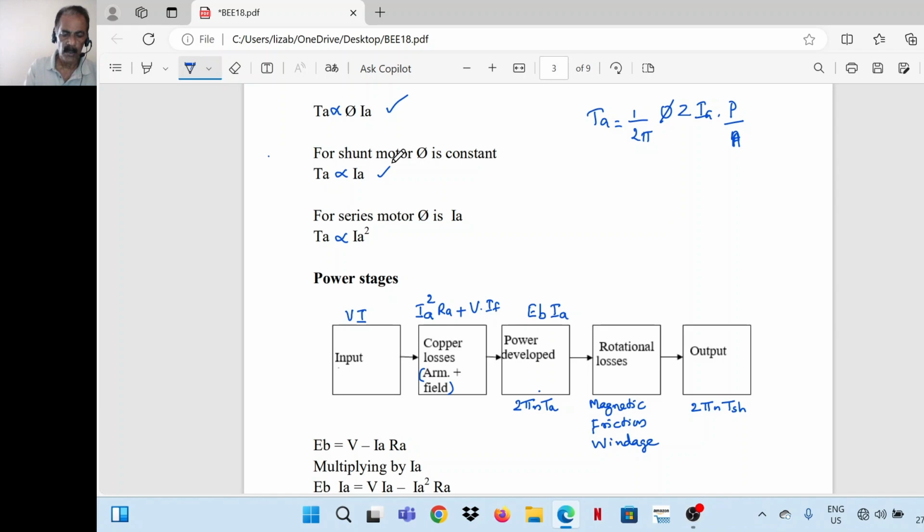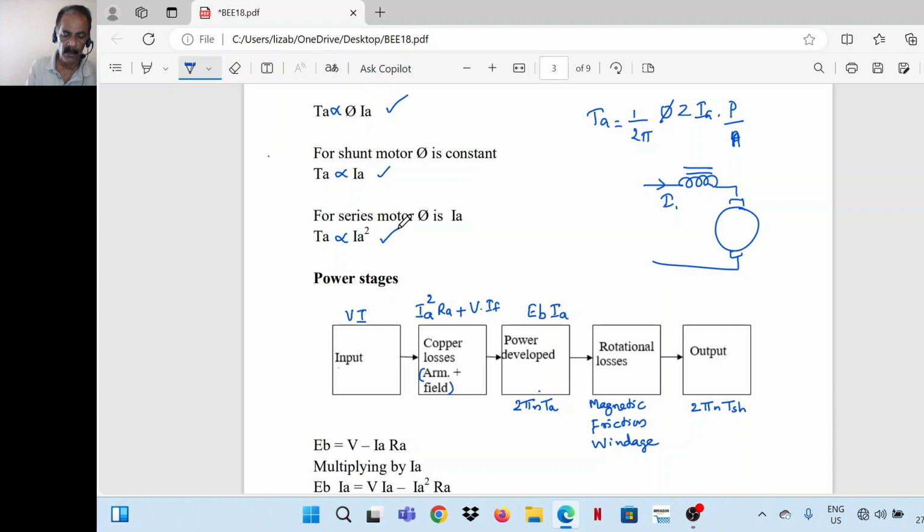But for a series motor, flux is proportional to armature current. Series motor is like this. This is the current, which is field current, armature current, input current, all are the same in this case. So the flux produced by the field is proportional to armature current. So instead of phi, we can put IA there because phi is proportional to IA.